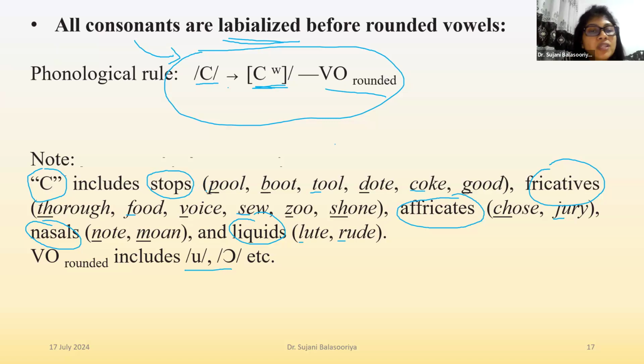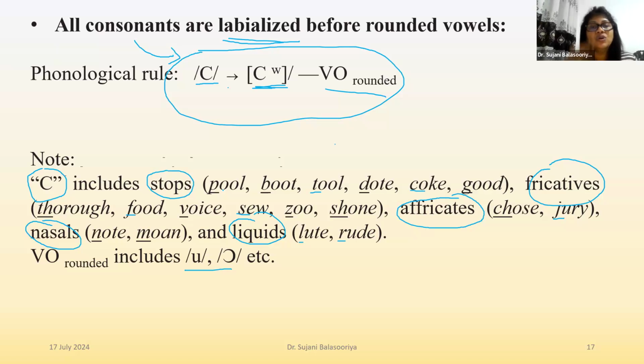Take the first set, p. P is a stop consonant, right? And in the word pool, the following vowel is a rounded vowel, long oo, right? When you pronounce p-o-o-l, it is pool. Then how do you pronounce p?